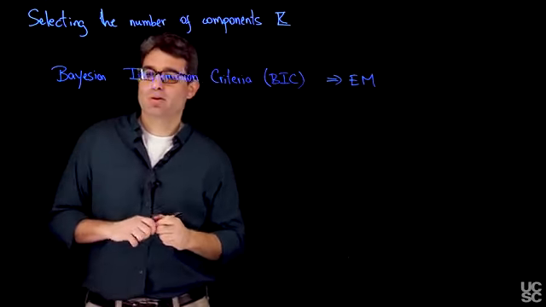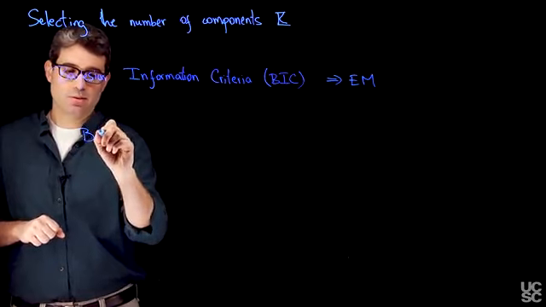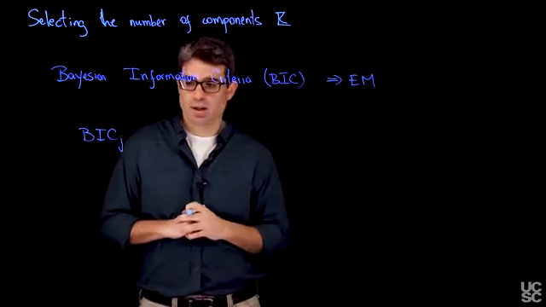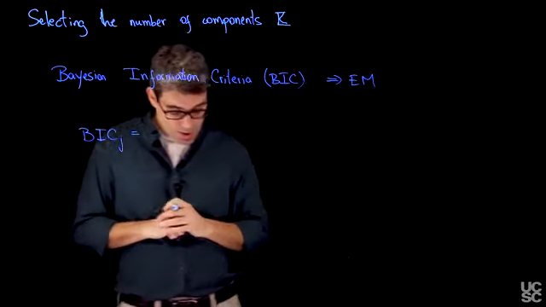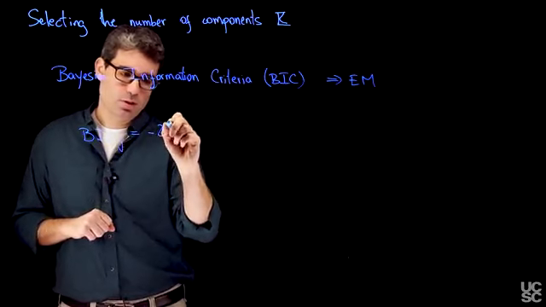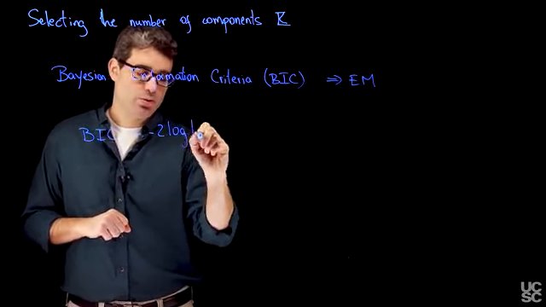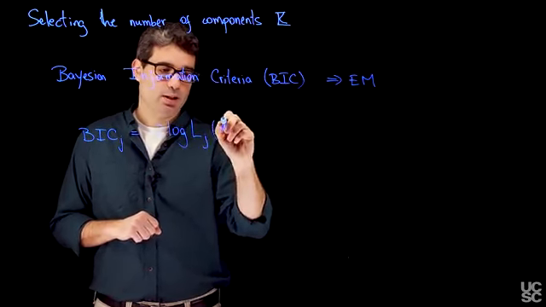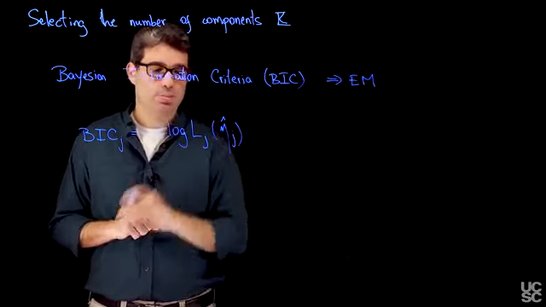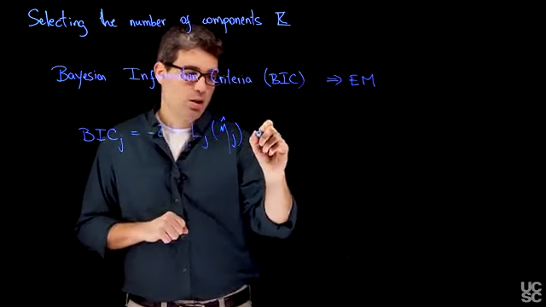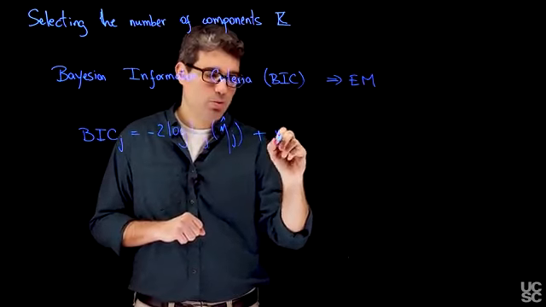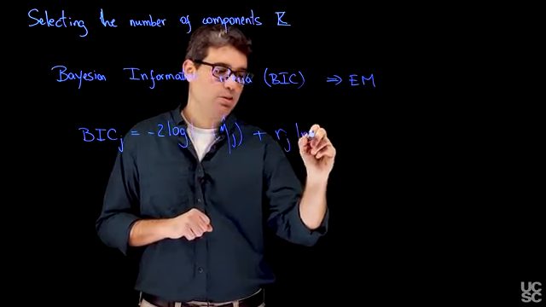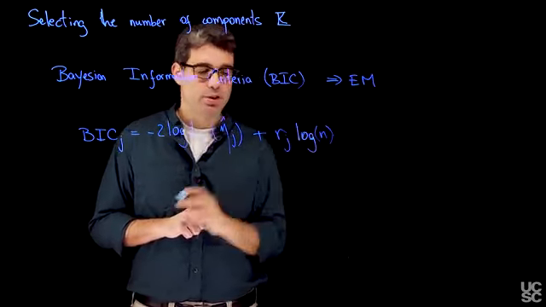And you may be familiar already with the BIC. The BIC for a model, and I'm going to index the model using the letter J, is defined as minus 2 times the logarithm of the likelihood of that model evaluated in the maximum likelihood estimator of the parameters for that model, plus the number of parameters that are present in the model multiplied by the logarithm of the number of data points.